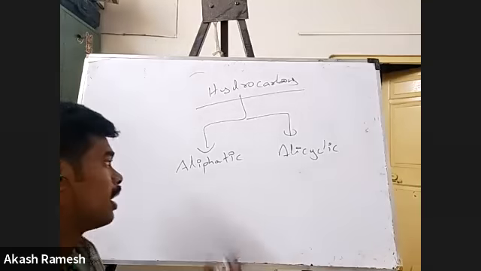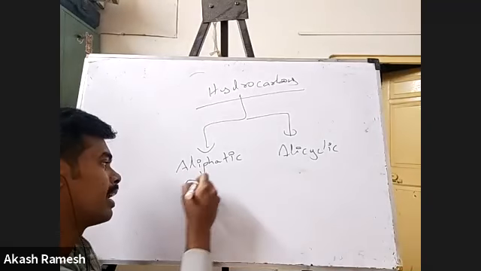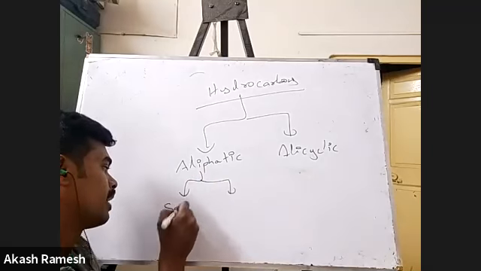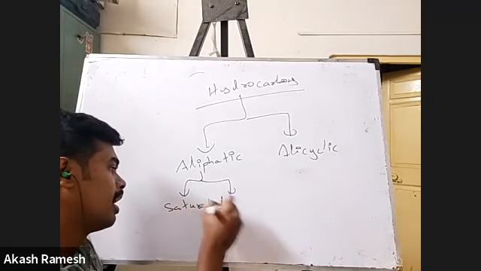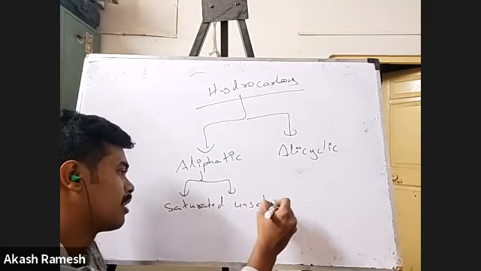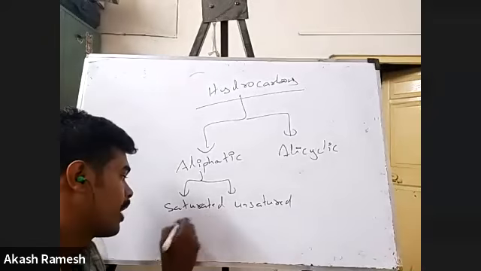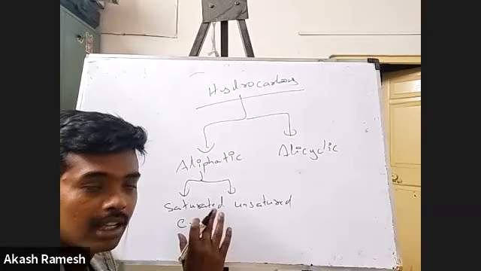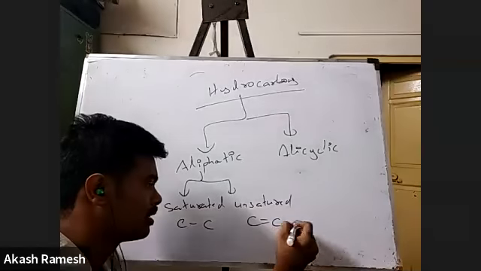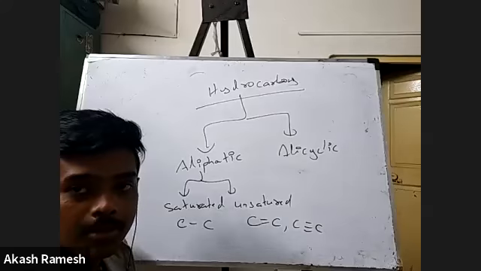In aliphatic hydrocarbons, again I can have two things: saturated hydrocarbons and unsaturated hydrocarbons, which we already know. Saturated hydrocarbons have only single-bonded carbons. Unsaturated have double-bonded or triple-bonded carbons.